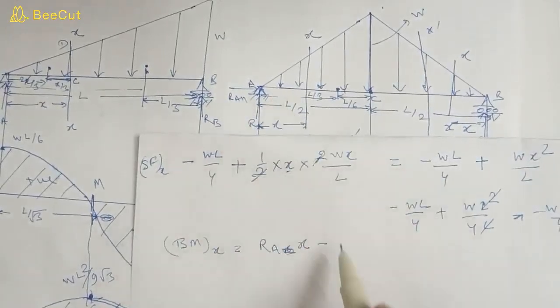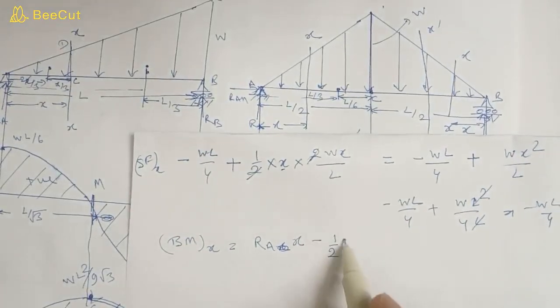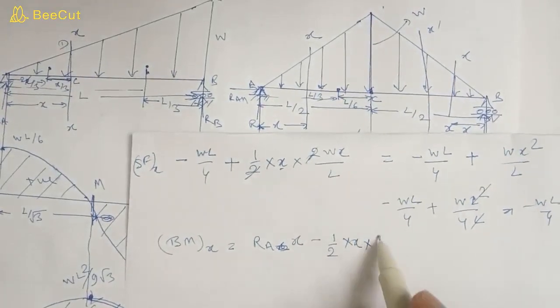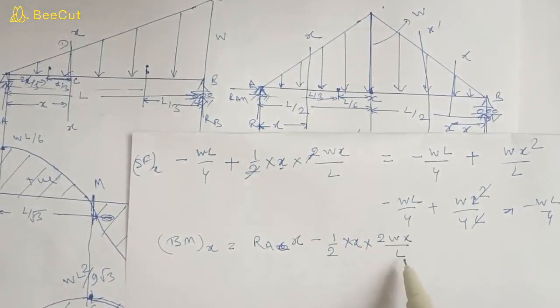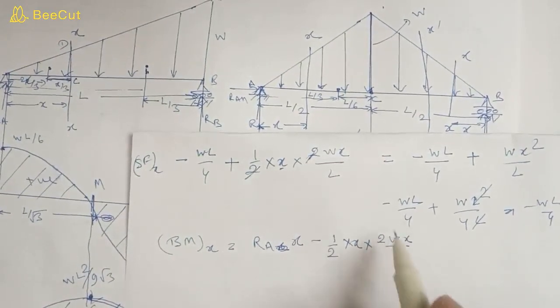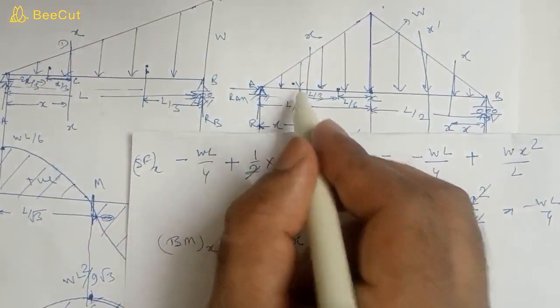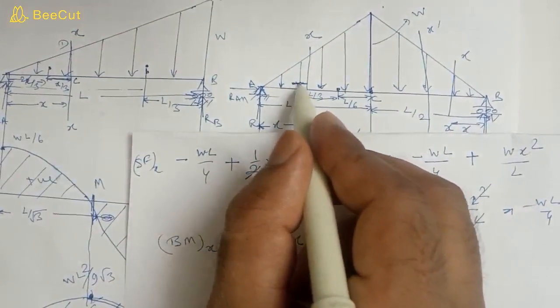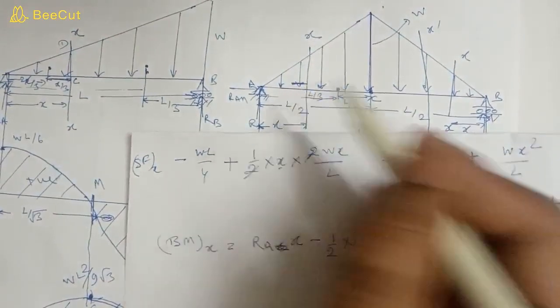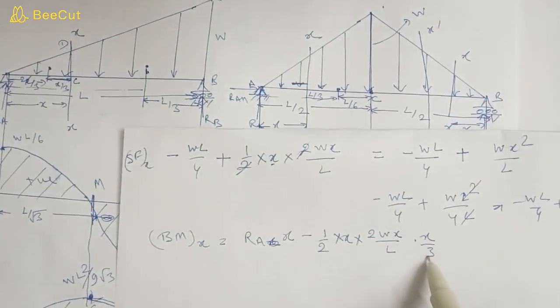So this load is half into base is x into height is 2Wx by L. So half into base into height is this load, and centroid is at a distance x by 3 from this section. So into x by 3.